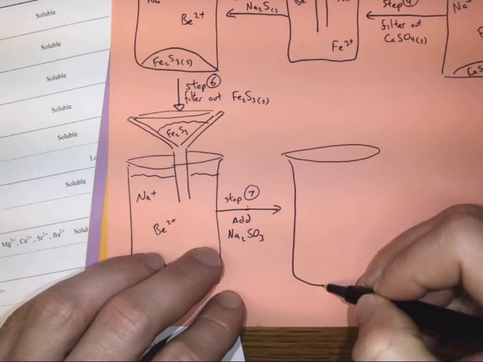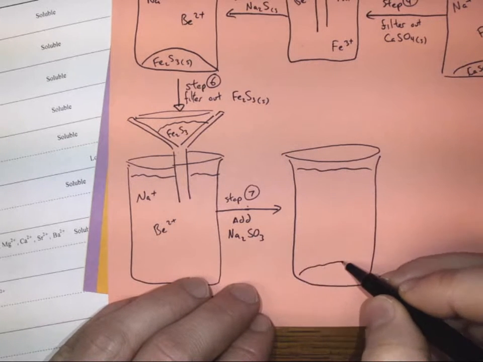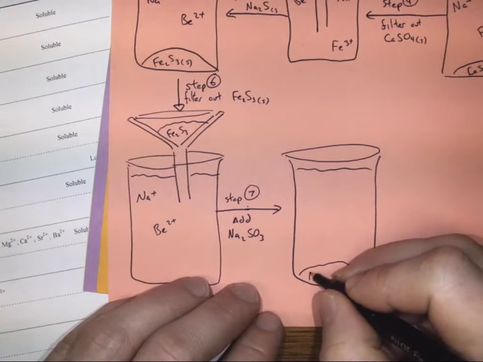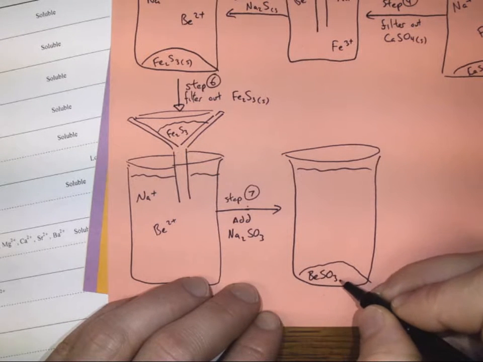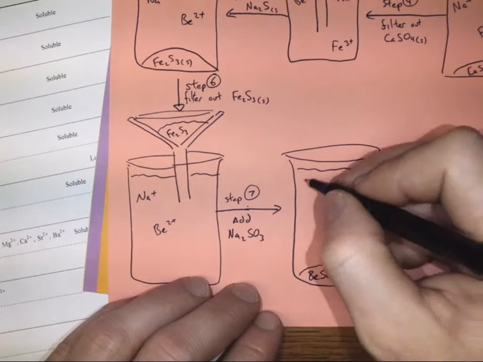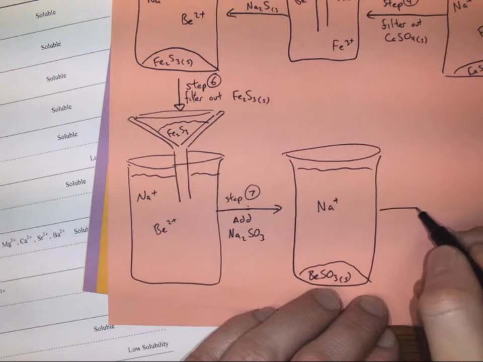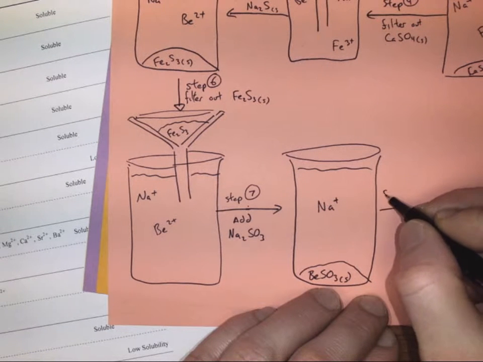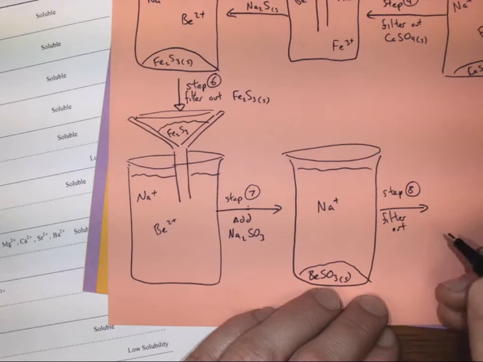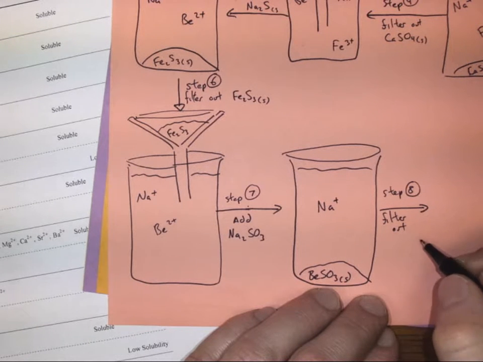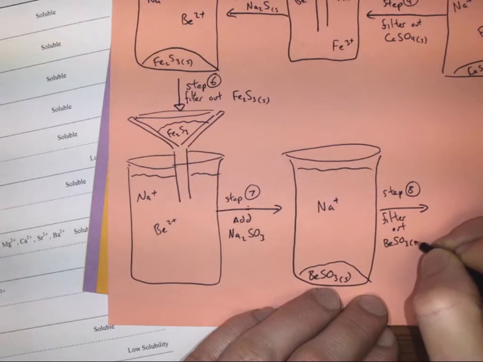And that's going to form some, what is it going to form? Beryllium sulfite. And we'll have left in here just sodium ions. And lastly, step 8, filter out the beryllium sulfite.